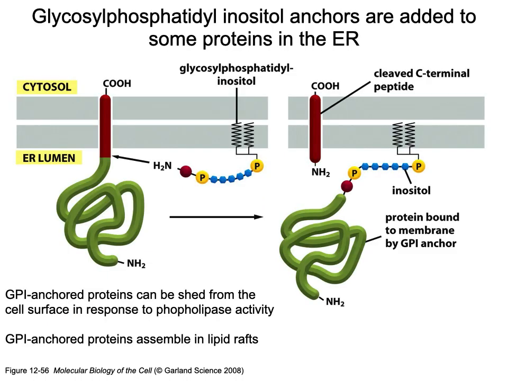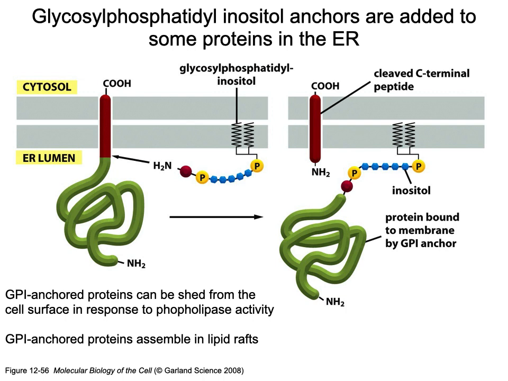So another modification that can happen is that proteins in the ER can be anchored through GPI. With GPI proteins, this can allow them to be anchored so they can move through to secretion, and then through phospholipase activity, the GPI can be cleaved and allows for the protein to go on and be secreted.